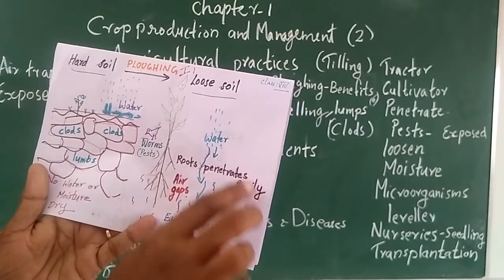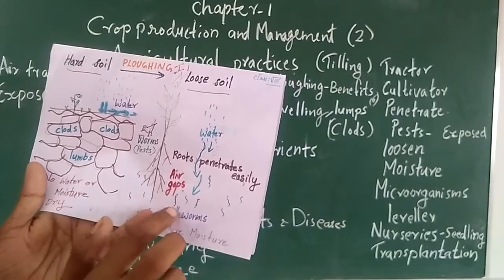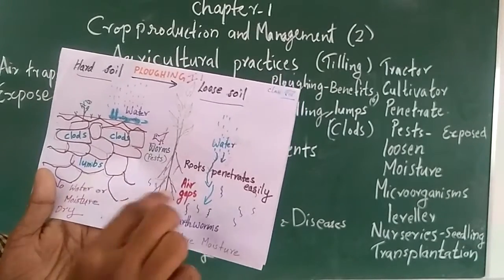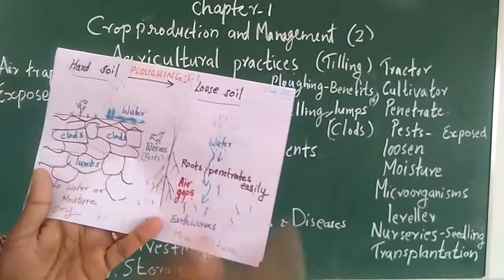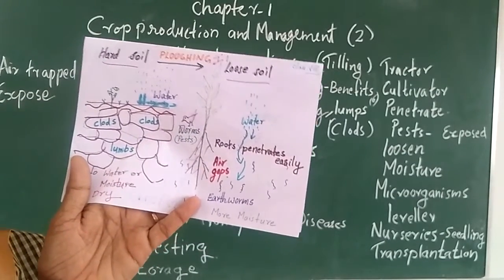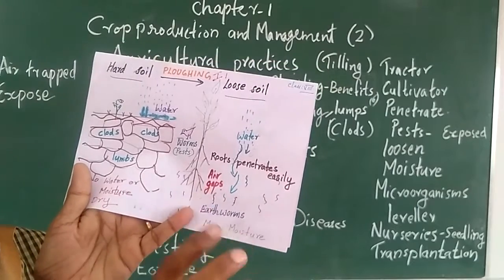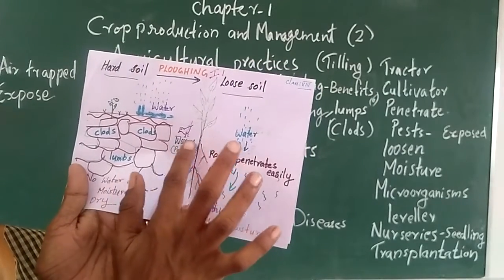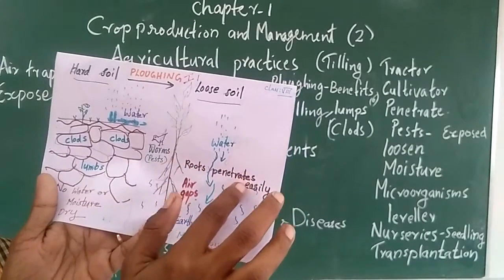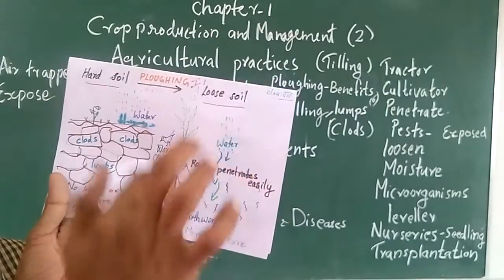These are the benefits, and not only that, there will be some bugs or pests that come out of the soil after plowing. So what happens? Birds or others can come and eat those pests. So it will enrich the soil. And not only that, the upper part is always what? Nutrient-rich soil, which is used by the plants.